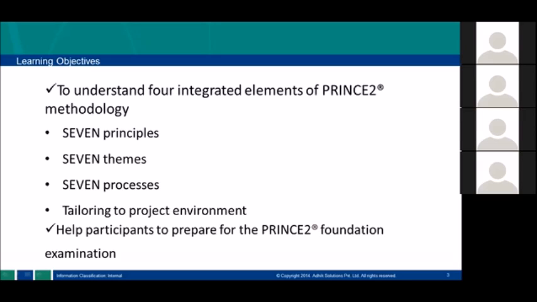Because PRINCE2 is a best practice for project management, I told you, right? So here we have some phases to manage any project, and as I told you, all projects are temporary. So how will we manage our projects?